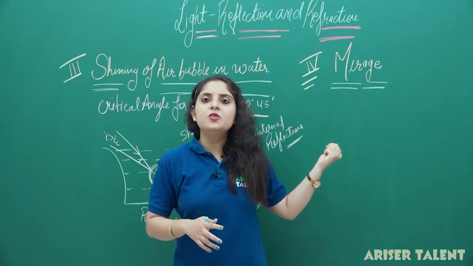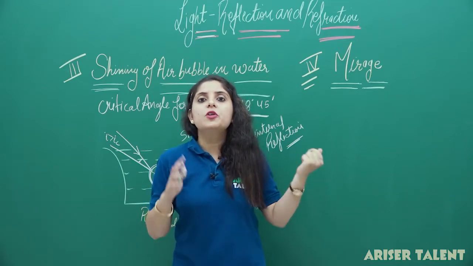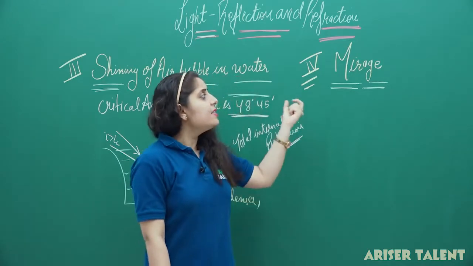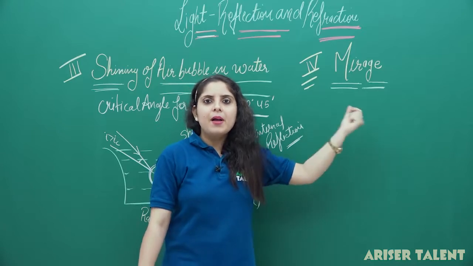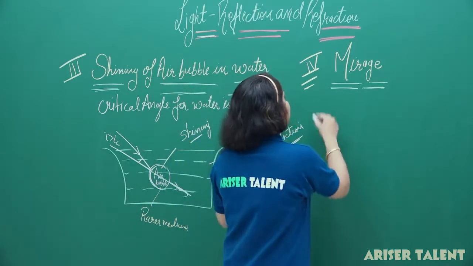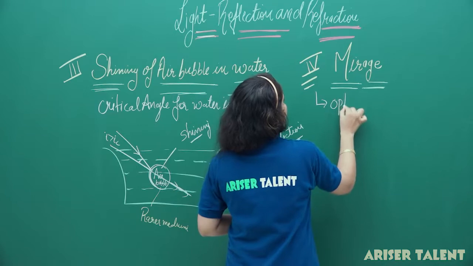And why does this happen? This happens because of total internal reflection, and this illusion is known as a mirage. So what is a mirage?